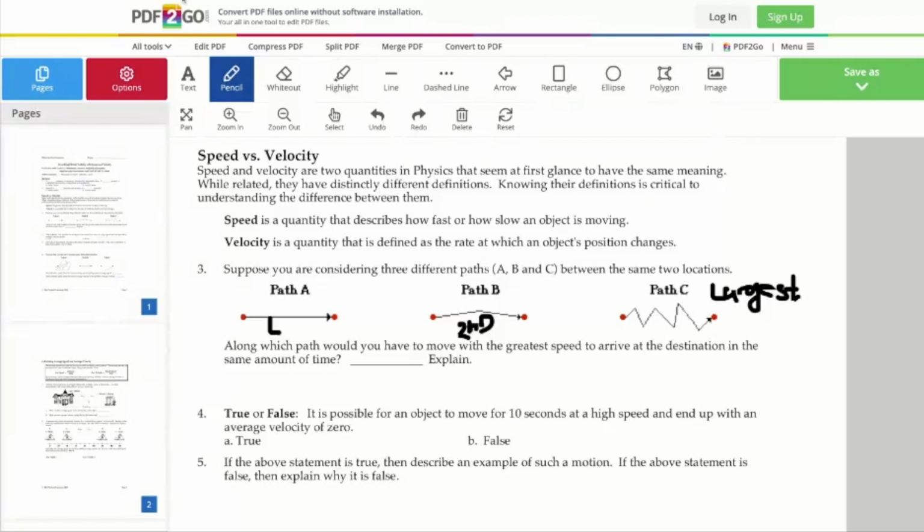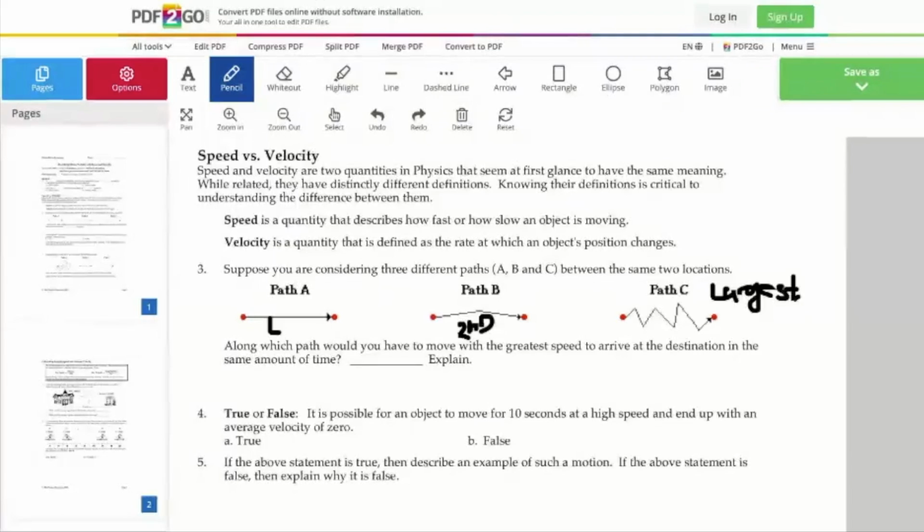Which person has to move the fastest, A, B, or C, to get to the same destination? You guys can go ahead and type in the chat. If they all tied running these 3 paths, which path would the person have to run really fast to catch up with the other 2?